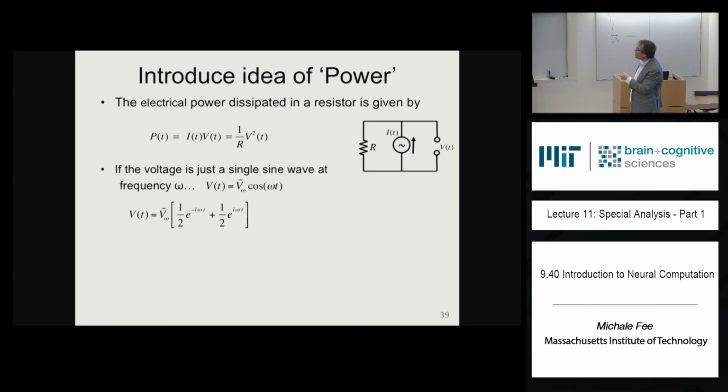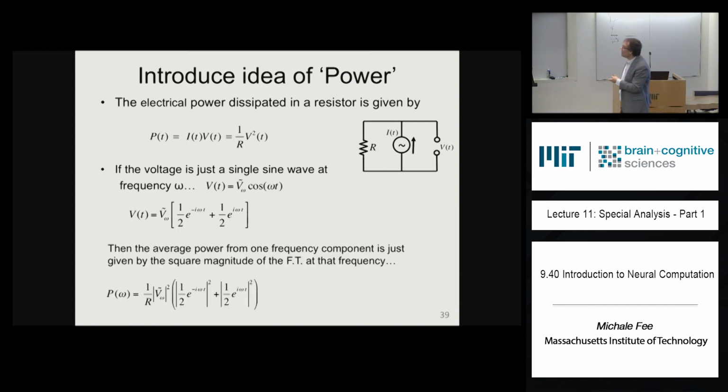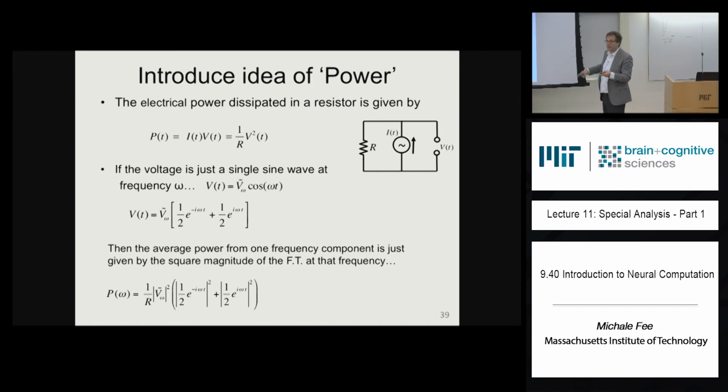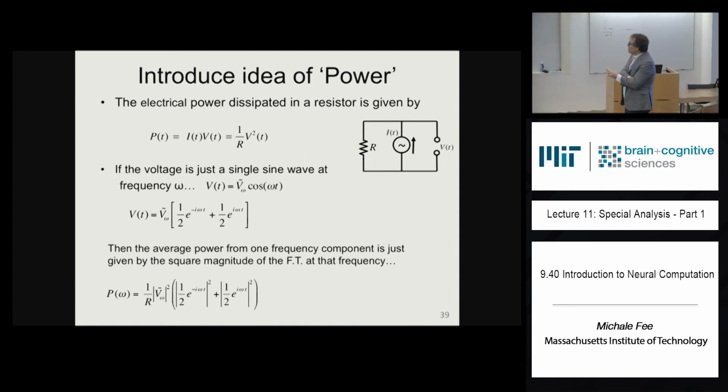And let's calculate the power associated with that voltage. Well, we have to average over one cycle of that oscillation. So the average power is just given by the square magnitude of the Fourier transform. So let's just plug this into here.